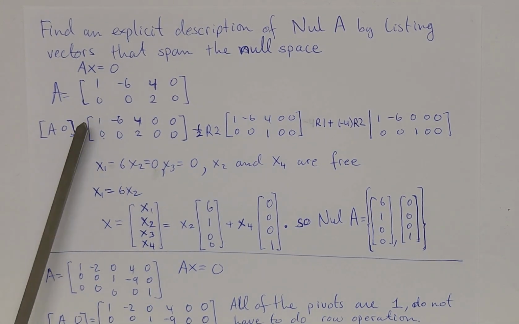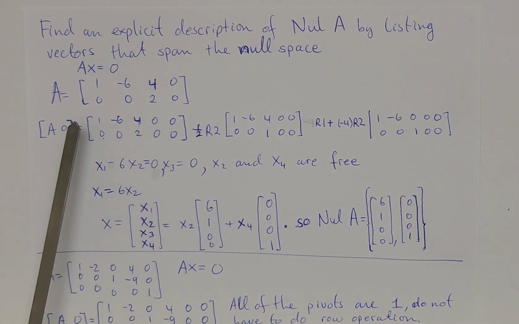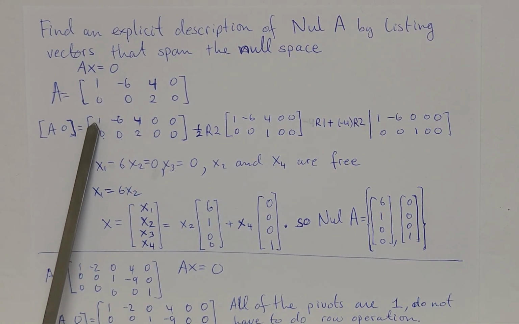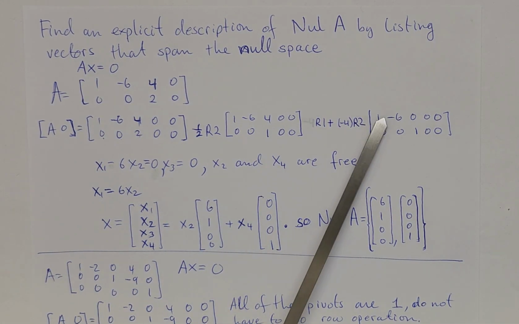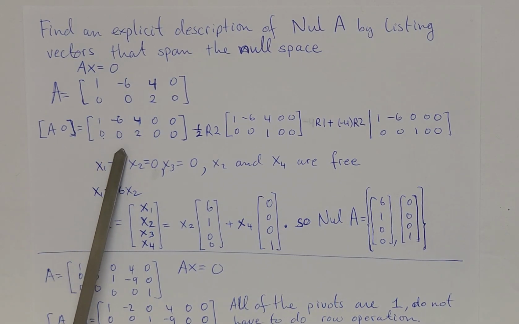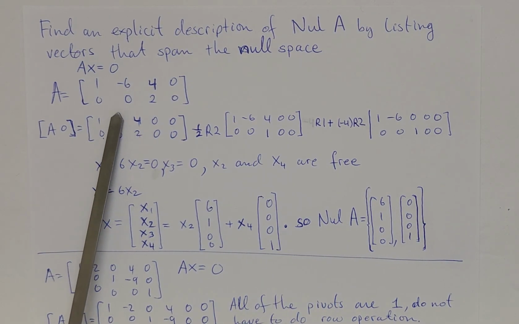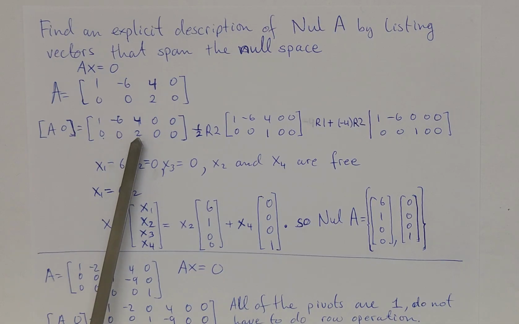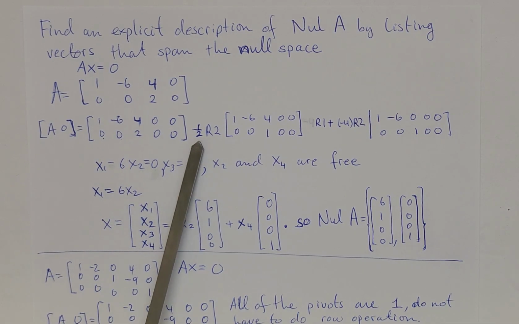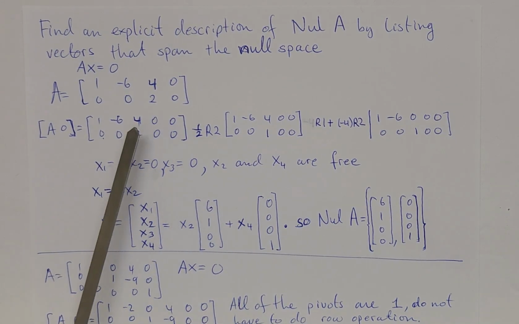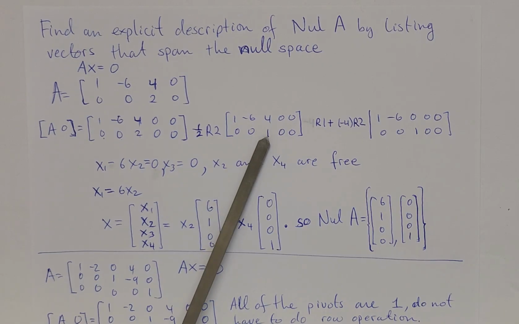Okay, so now we do row operations. This is already a 1, so we leave the first row alone. Next, there's nothing here, so we leave this column alone. Next, this is the third column, so we have something, so multiply by the reciprocal so that I can get a 1. So 1 over 2 times 2 gives me this 1.